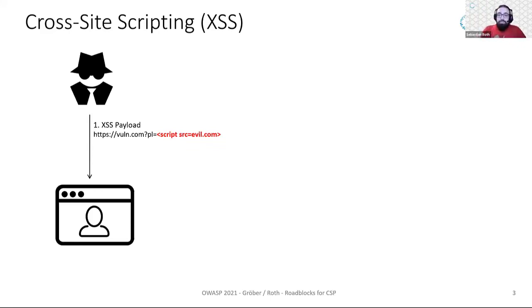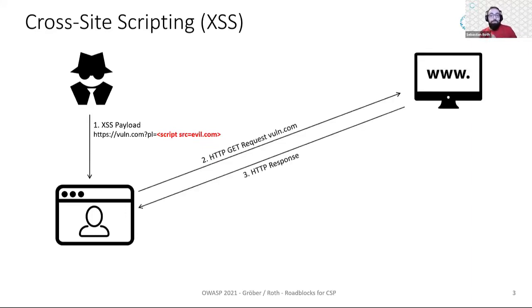This script tag is, due to the nature of this vulnerability, embedded in the response from the vulnerable server. Therefore, the browser will load the malicious script and execute the JavaScript code in the context of the vulnerable site in the victim's browser. So this malicious code is able to do everything legitimate code is able to do.